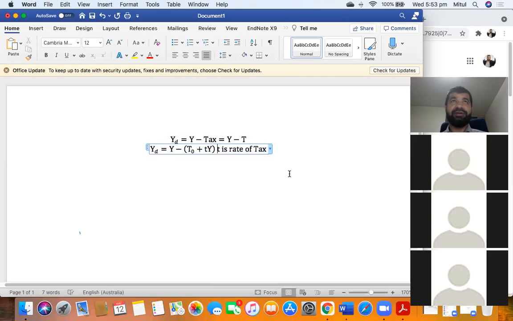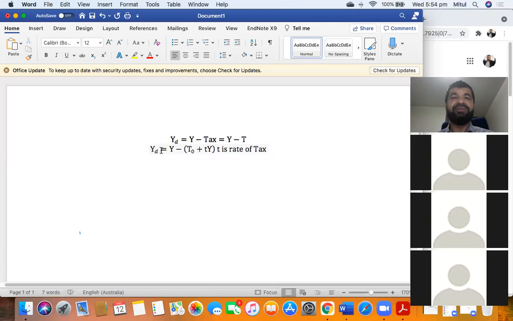Now we're going to find out our consumption. How are we going to derive the consumption model? What do we do with our disposable income in this case? Our disposable income is Y_D, right?